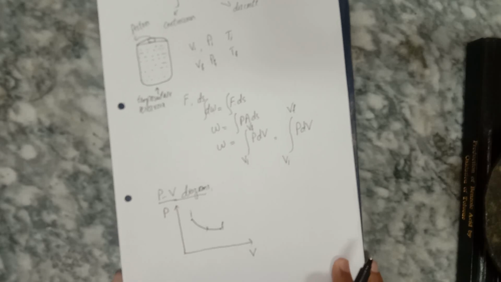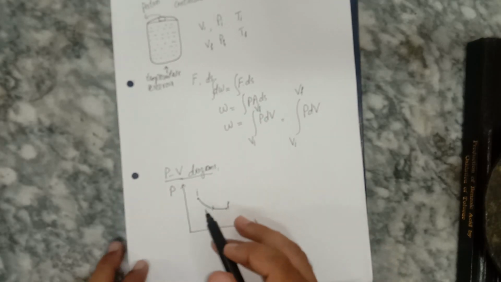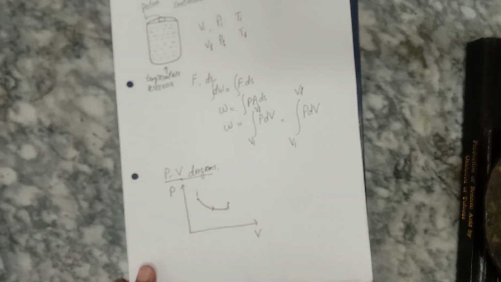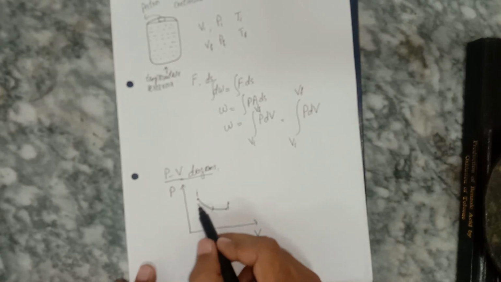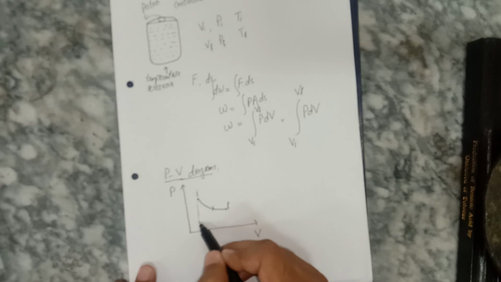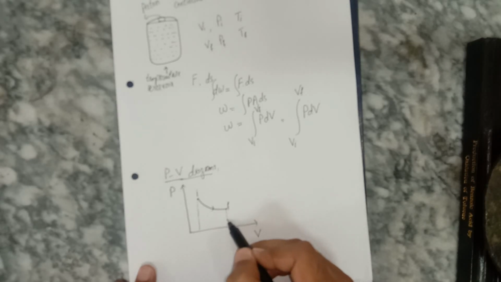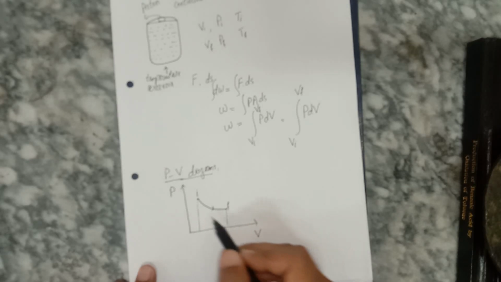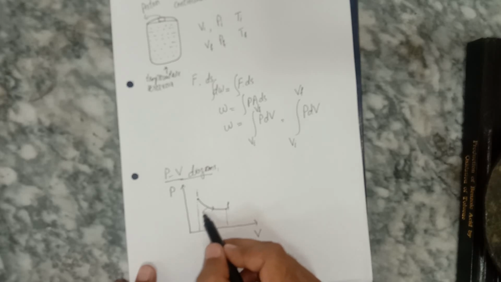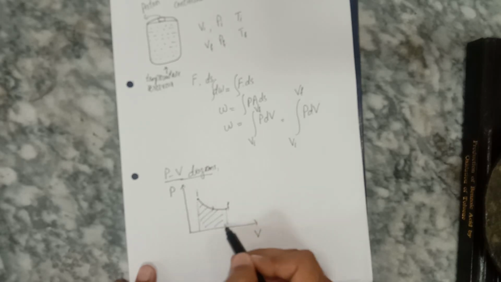Now one can see what the work done would be. As I told earlier, work done is the area under the curve of this PV diagram. So all of this is work done.